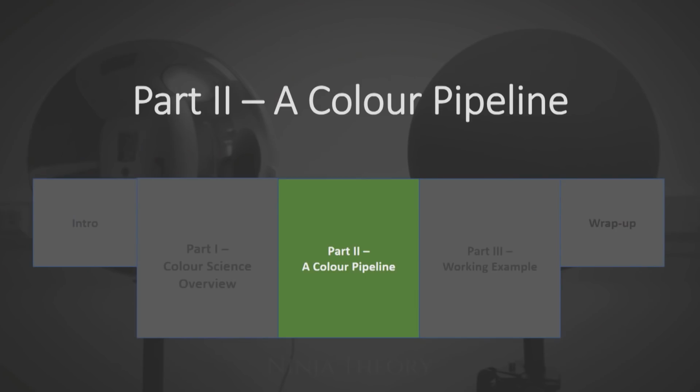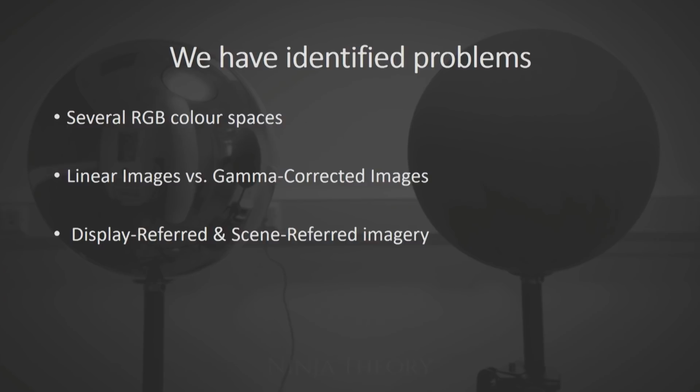Okay, so now what I'll move on to is talking about what a color management pipeline could look like. This isn't the only way that we can do it. I'll run through an example, and if it sticks with you, go for it. If you think you've got better ways for color management, then that's great too, because there's more than one solution to all of this. But we have identified some problems working for HDR wide color gamut, right?